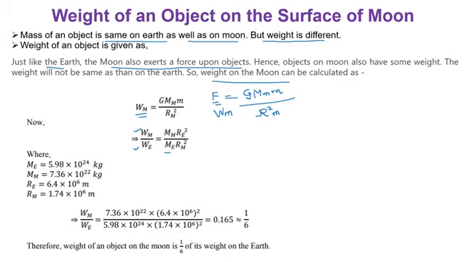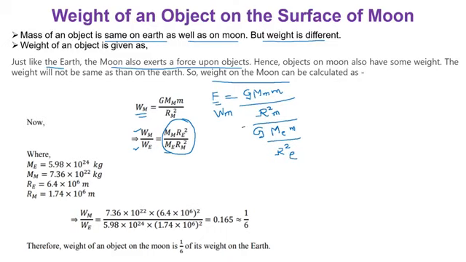And when you reverse the formula, you will get this. How will you get this? The radius of the Earth will go up and the radius of the Moon will go down. You just write this and then divide by G, mass of Earth, mass of an object, divided by the square of the radius of the Earth, right?